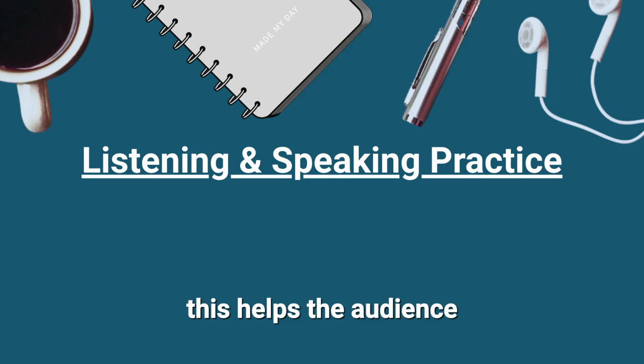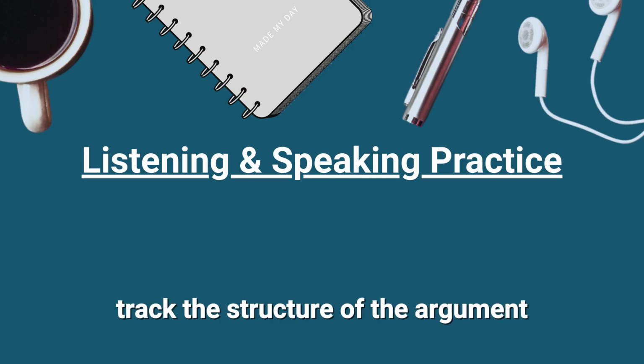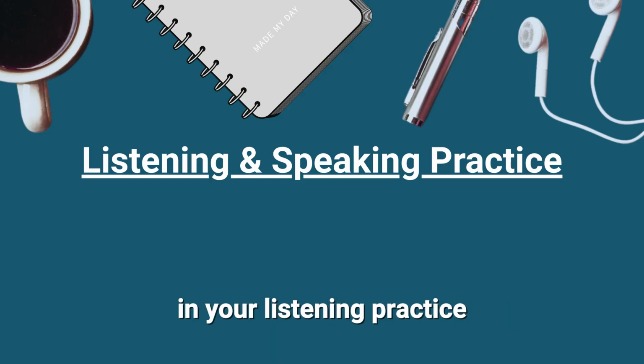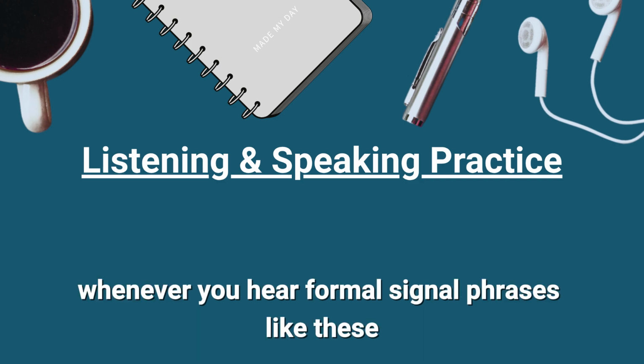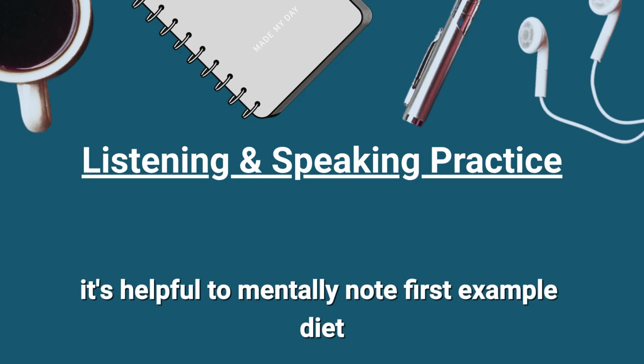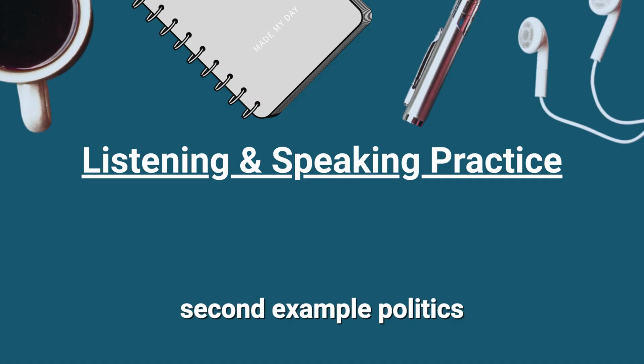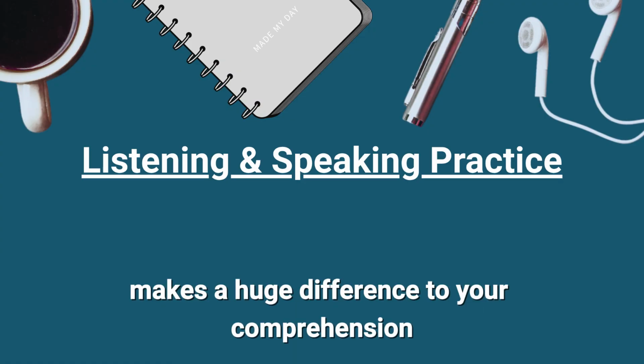This helps the audience track the structure of the argument. In your listening practice, whenever you hear formal signal phrases like these, it's helpful to mentally note: first example, diet; second example, politics. That kind of active listening makes a huge difference to your comprehension.